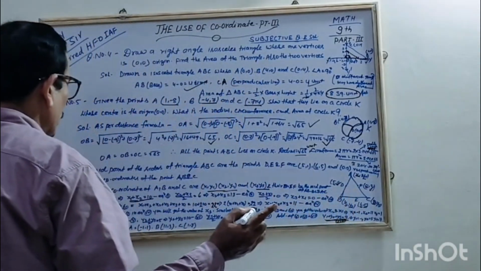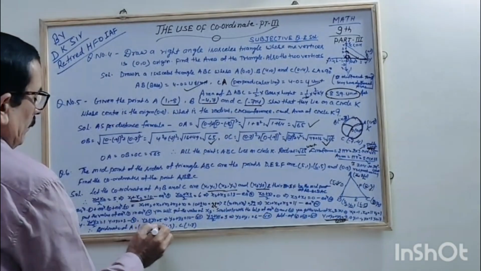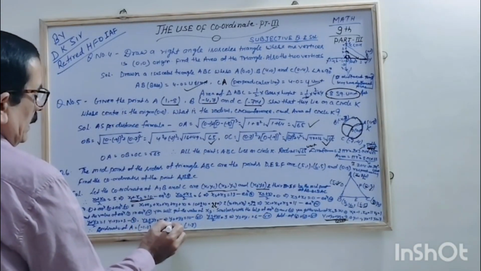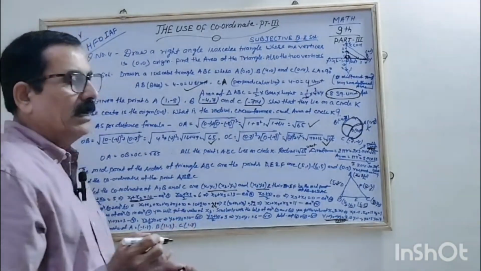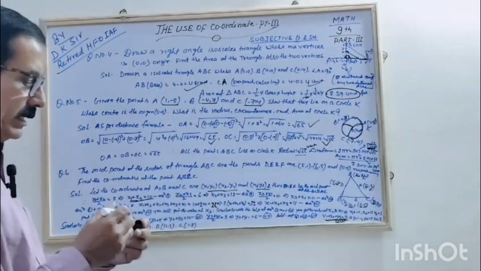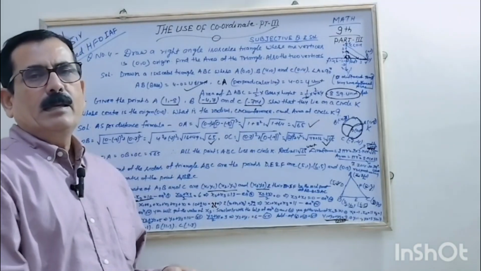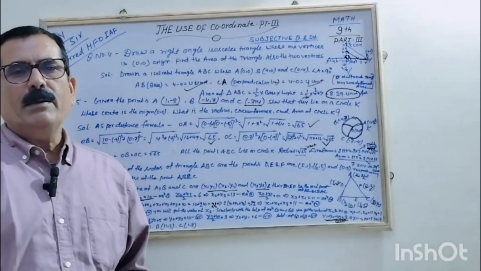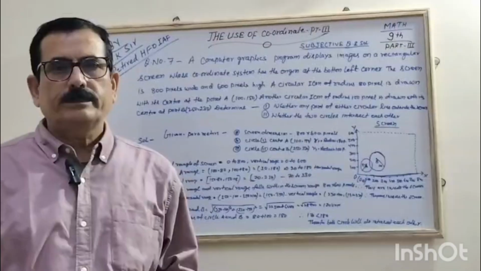So we understood the first coordinate A will be minus 1, 1. B will be 11, 3 and C will be 1, 7. So this is the way by which you can find out the coordinates of A, B and C.